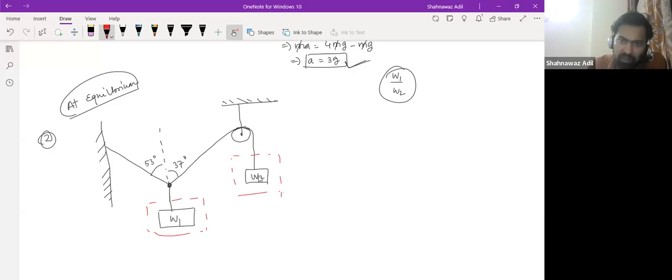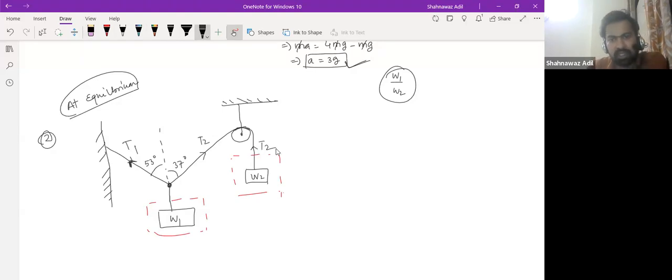This weight is attached here, so this will have the same tension. And the other weight is here, so this tension would be different because this rigid wall is different. So let's say we have some tension T1 here, and then tension T2 here.